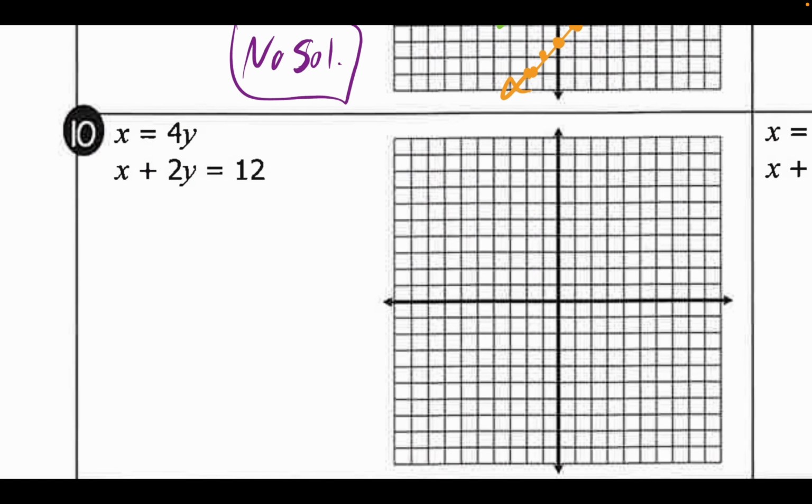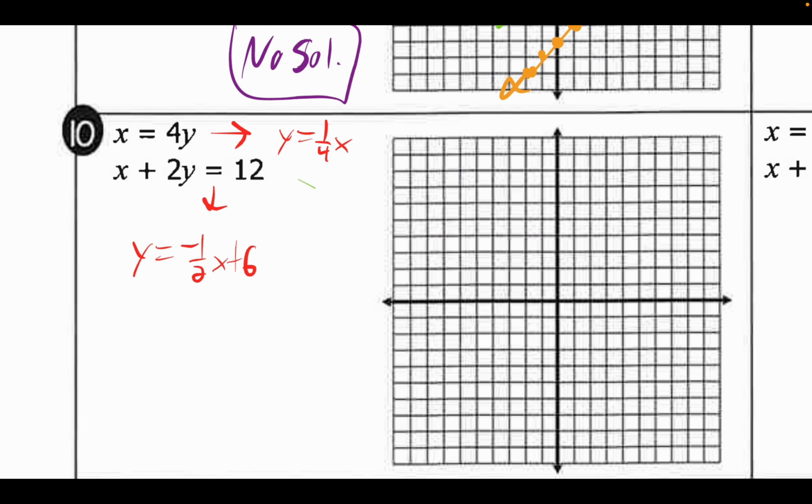As I do number 10, I solve this top equation for y, and I get y equals 1/4 x, or 1/4 x plus 0 technically. I solve the bottom equation, and I get y equals -1/2 x plus 6. So this top equation has a slope of 1/4, a y-intercept of 0. It is not wanting me to connect my line.